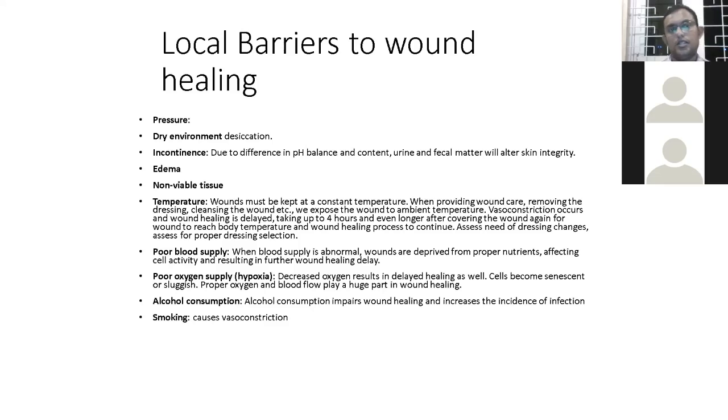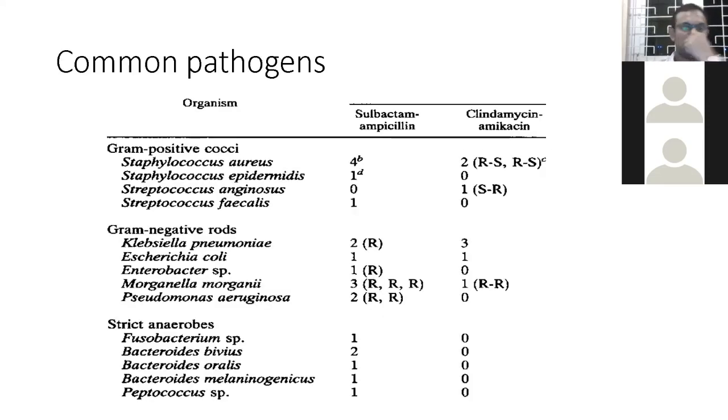So, to talk about the wound itself, local barriers to wound healing are pressure, desiccation, constant contamination. I think I spoke to you on these things last time also, so we'll just rush through this. Edema, non-viable tissue, temperature, blood supply, and all that.